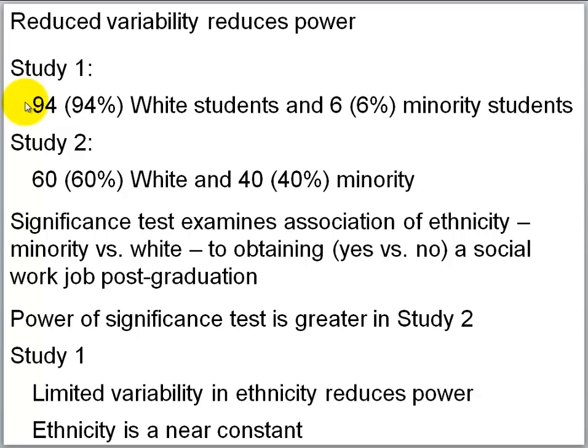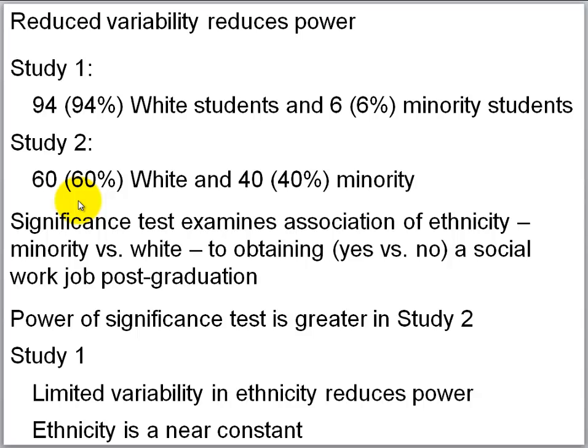So then study 1 has very low variability with respect to ethnicity. And that's because almost everyone is in one category. 94% of students are in the white category. Now, on the other hand, in study 2, we've got a 60-40 split.